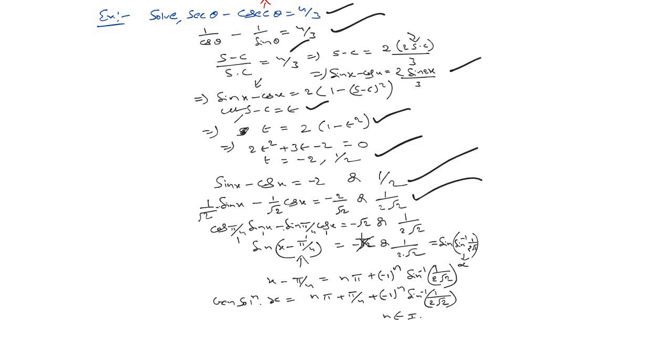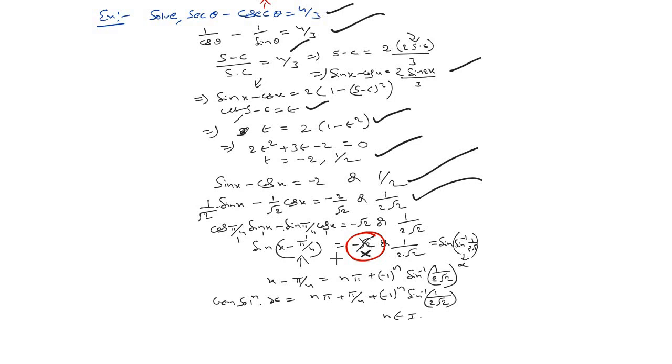So negative root 2 is ruled out because sin x belongs to negative 1 closed to 1. That's why negative root 2 does not belong to negative 1 to 1 closed. That's why this one is ruled out. Clearly you have to observe. I have ruled out this. Why? Because it does not belong to the range of sin.